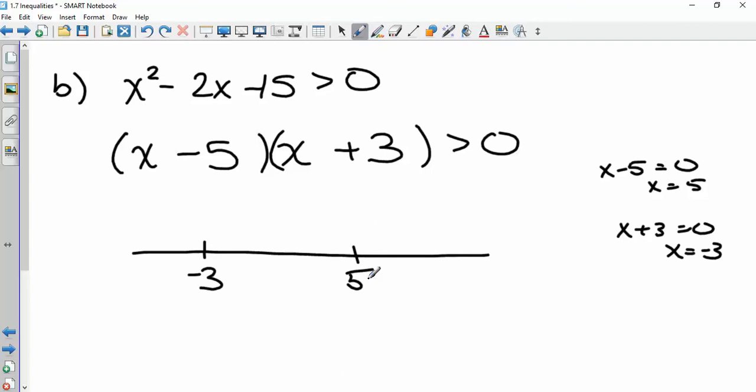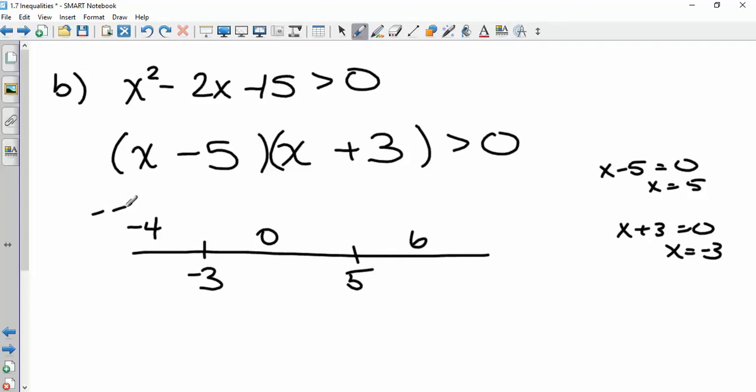Okay, I'm going to talk through picking points first. If you want to go ahead and do it by graphing, you can graph it and then we'll compare answers. Less than -3, so that might be a -4. In between -3 and 5, so maybe a 0. And then bigger than 5, maybe a 6.